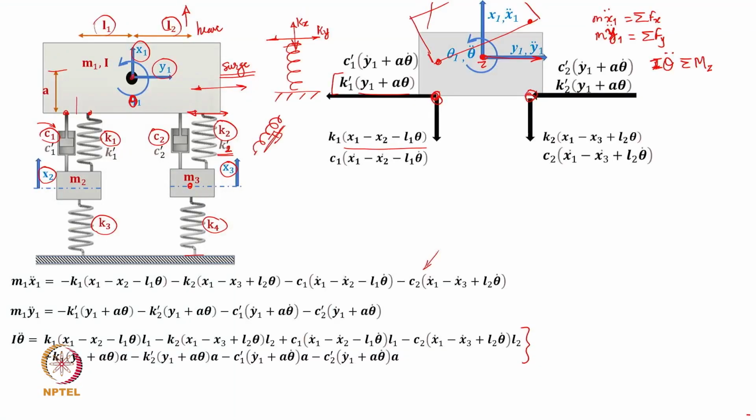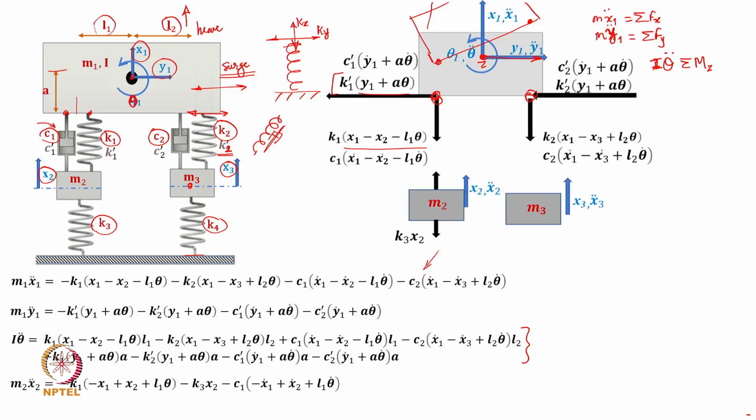So, along the theta direction, and then of course, you are left with the other two mass elements m2 and m3, and corresponding to each of these you will get the other two remaining equations, describing the dynamics of masses m2 and m3.